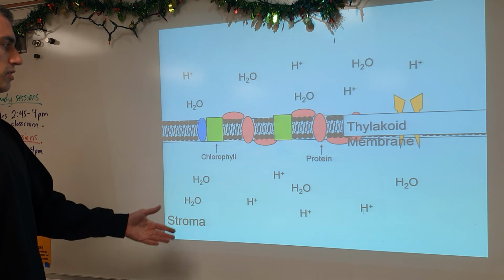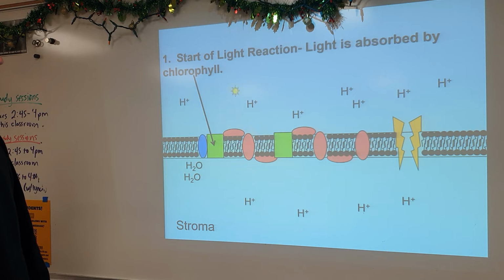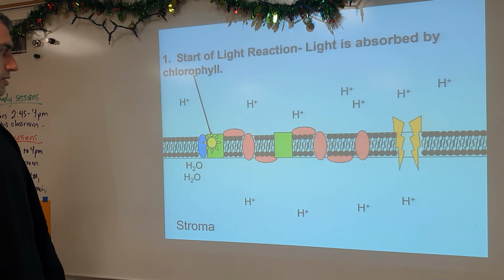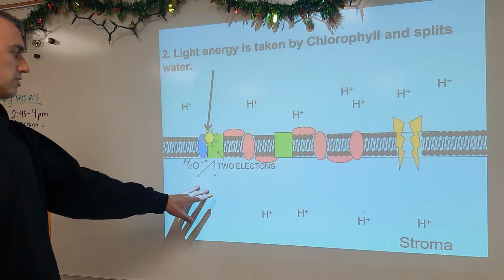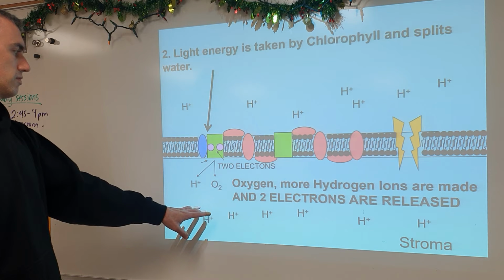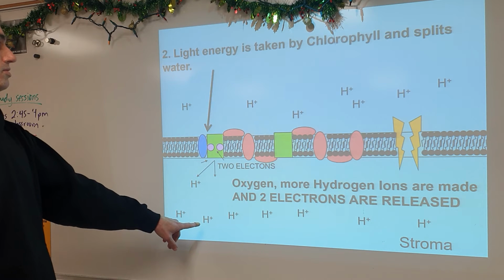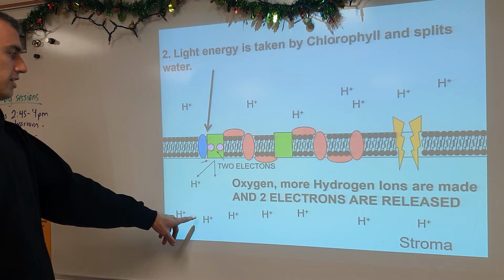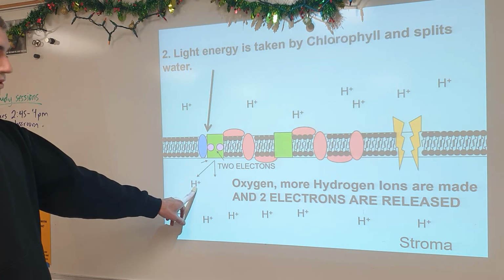So here's a sort of simple animation. So energy goes in, water is split, releasing electrons, also releasing oxygen. There it goes. Now that also left behind hydrogen, right? The H out of the H2O.